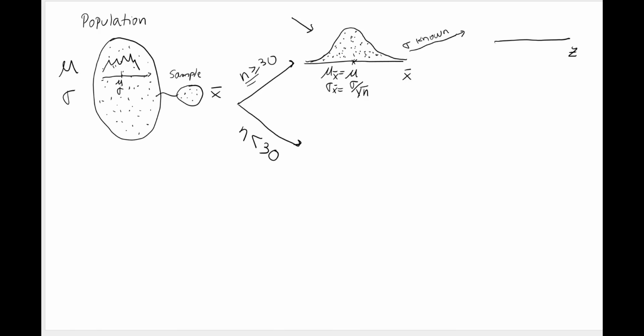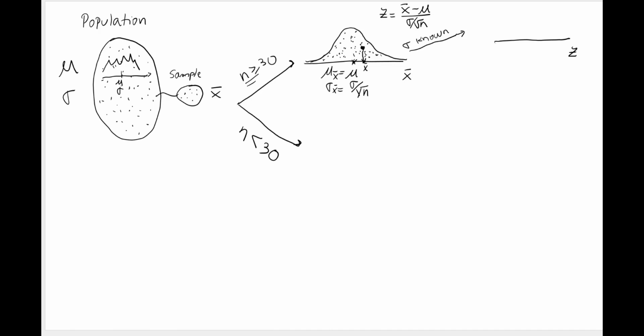For example, for this sample specifically, the sample's mean is located in this number line here. Then, if we want to obtain the z-score of this specific sample, we do this operation: the sample's mean minus the true parameter divided by the standard deviation of the population divided by the square root of n. Then that is the distance of this value with respect to the center given in standard deviations.